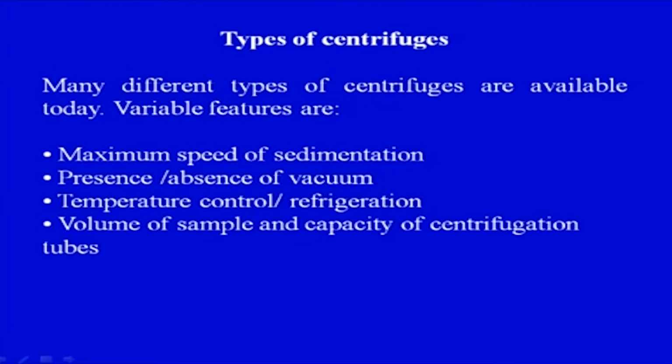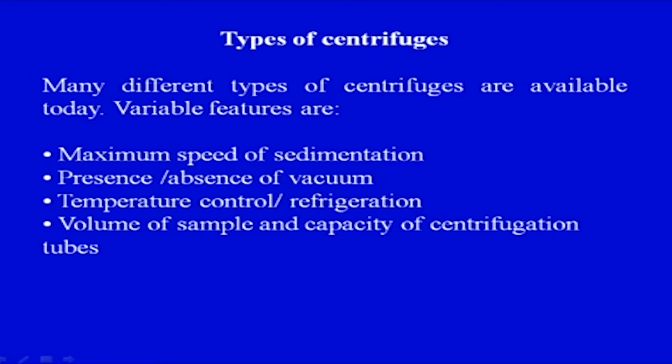Now, there are many different types of centrifuges available, and they include variable features. Some might have a maximum speed of sedimentation which a particular centrifuge could achieve. There could be presence or absence of vacuum; like I said, ultracentrifuges in particular have to have the rotor chamber evacuated. Temperature control or refrigeration is required in many of them, as we have discussed.